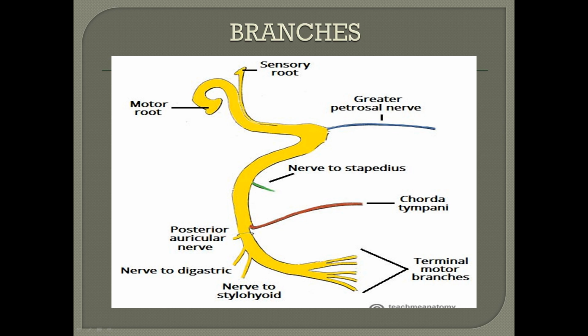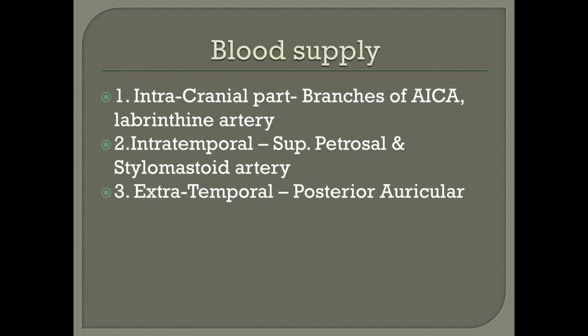The sensory root supplies part of the concha and part of the external canal. The secretomotor branches, through the greater petrosal nerve and through the chorda tympani, control lacrimation as well as submandibular salivary flow.